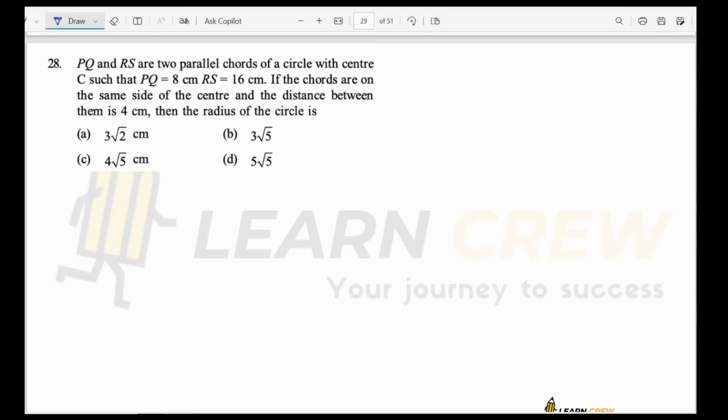If the chords are on the same side of the center and the distance between them is 4 centimeters, then find the radius of the circle.